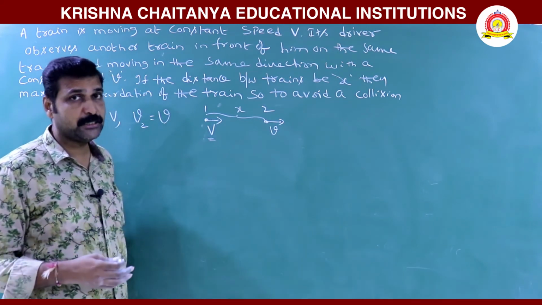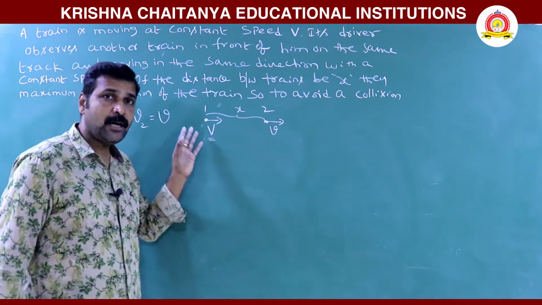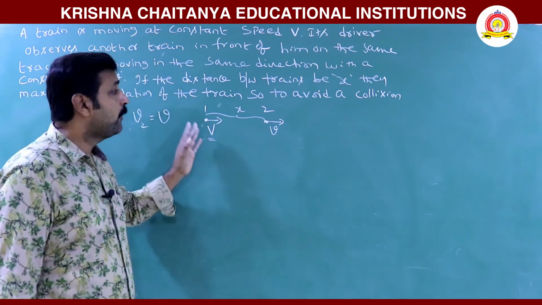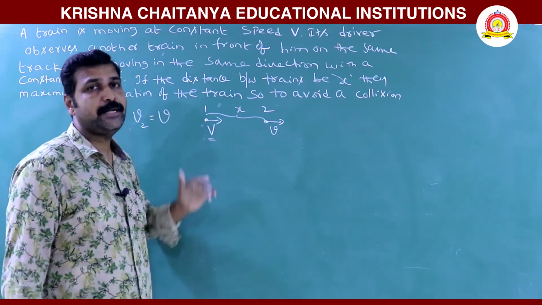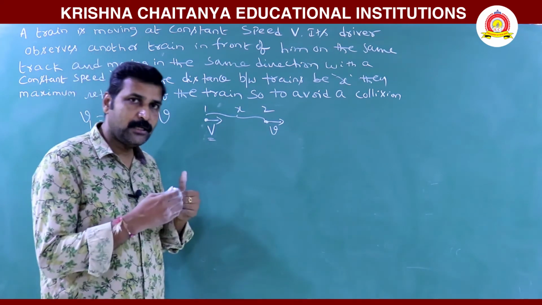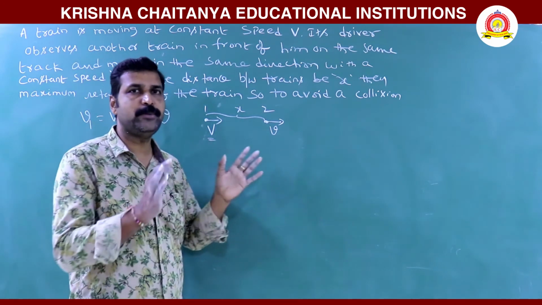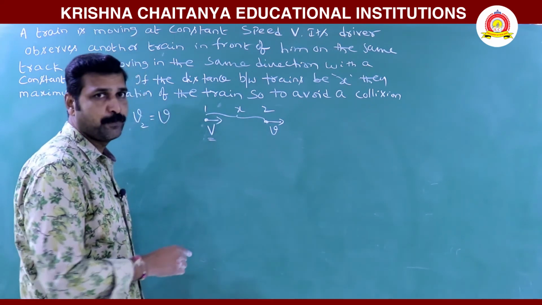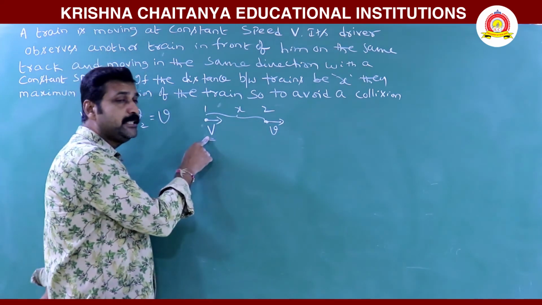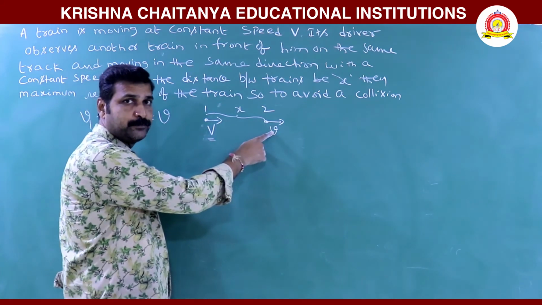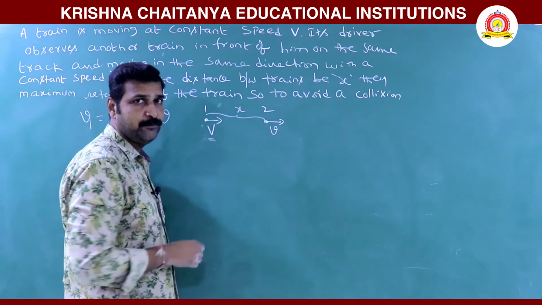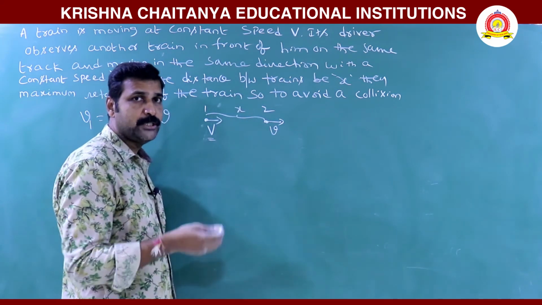But the question asked is not about coming to rest, it is about avoiding collision. Just collision to be avoided, thereafter they can move. That means to avoid collision, if its speed is reduced to small v, then after that both move with small v, so that no collision is possible.